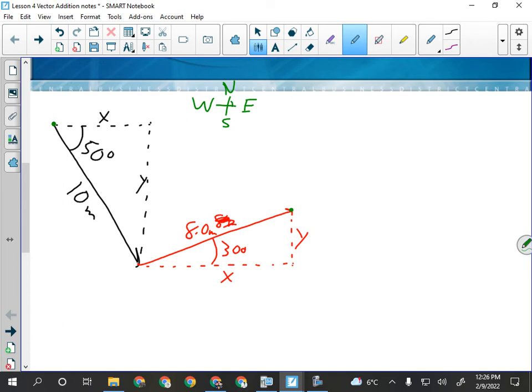So where would I draw a line that represents the total displacement over the whole trip? From the initial position to the final position. Right, like that. That line represents the total displacement of this object.